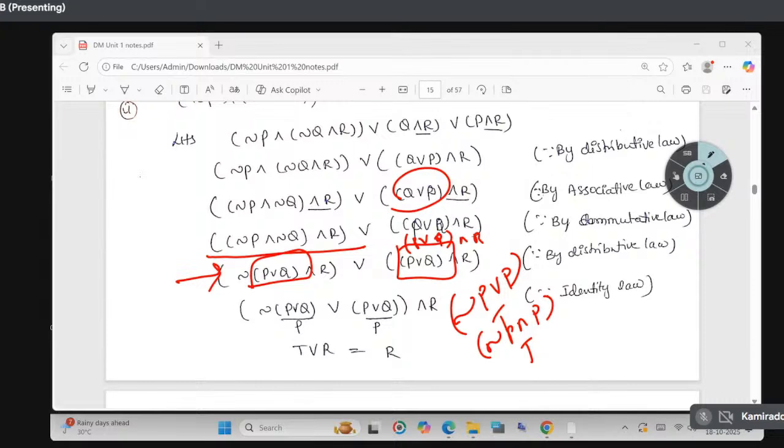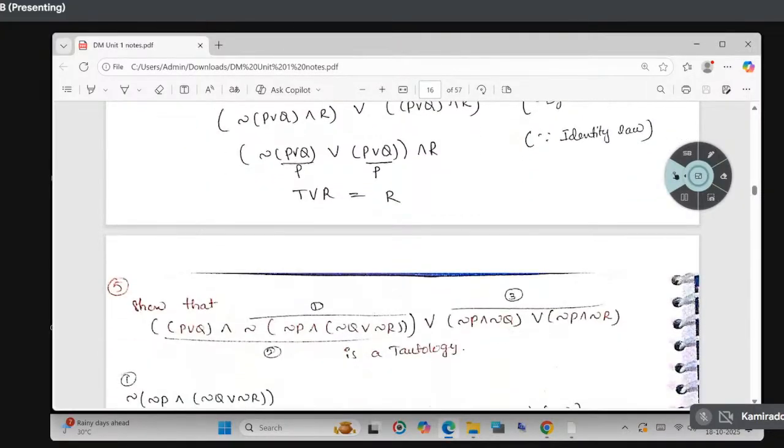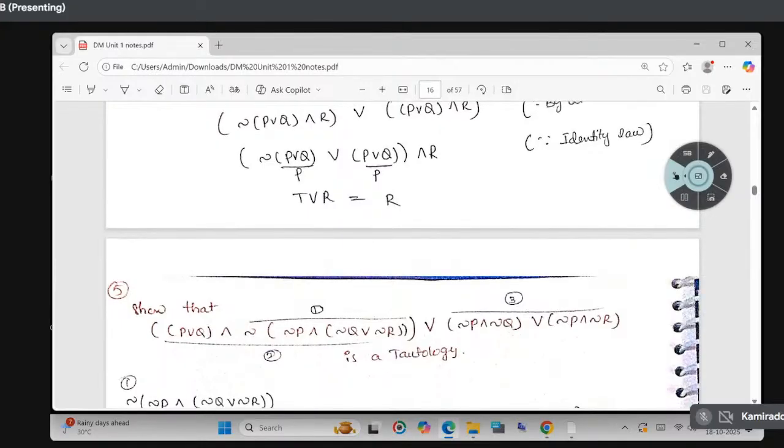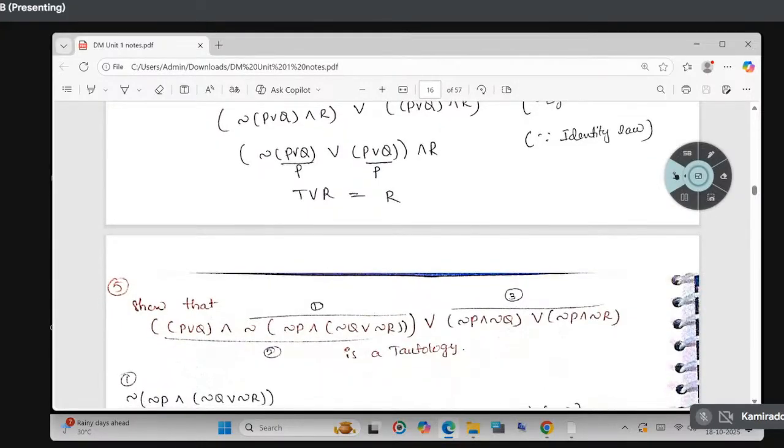So this became T and R. If you get T and R, what will it become? Simply R you will be getting, right? So is this our answer? R is our answer or not?